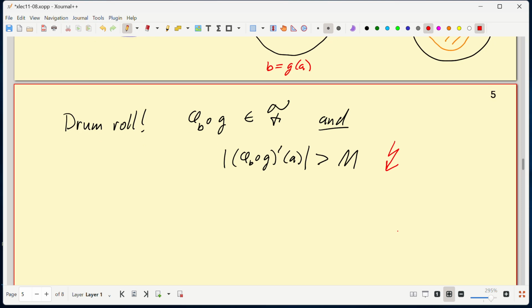So that's a contradiction, and that means we were wrong when we said there's a W naught. So no such W naught exists, and that means that F is onto.